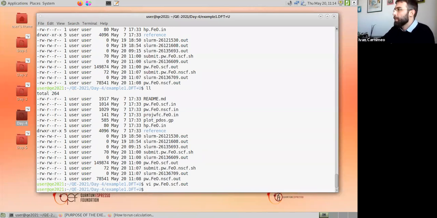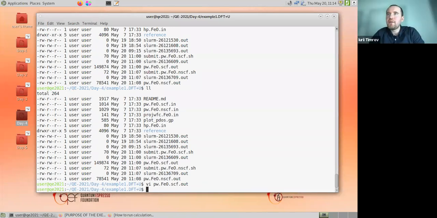Okay, next question. Should I give iron 1, iron 2 for inequivalent atoms? Yes, in this case we use iron 1, iron 2 because of spin, because we want to have one spin up, one spin down, but these are still equivalent, if it happens that we have just 2 iron atoms in our simulation cell.